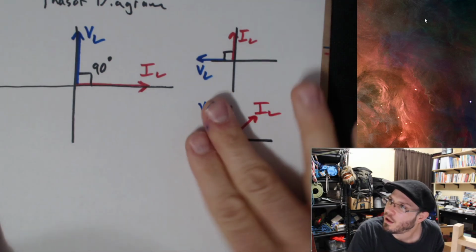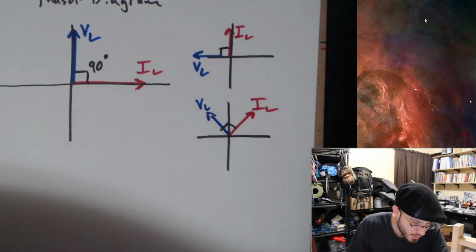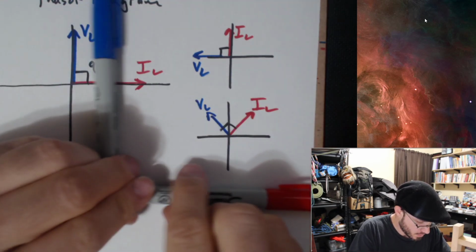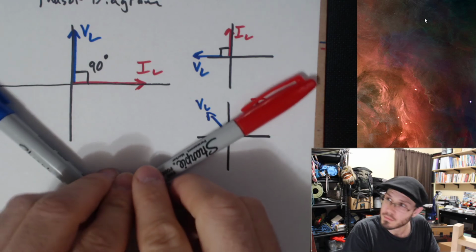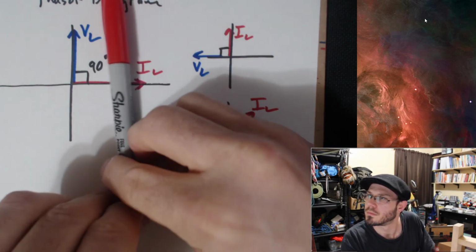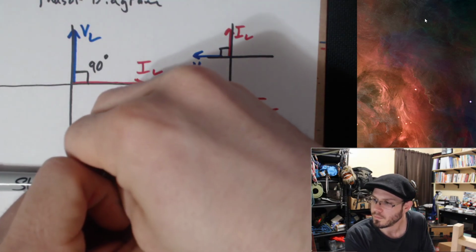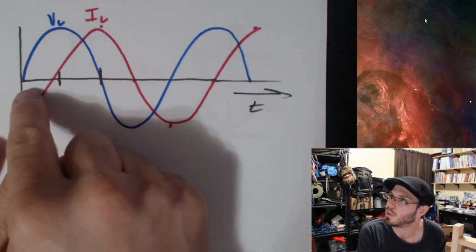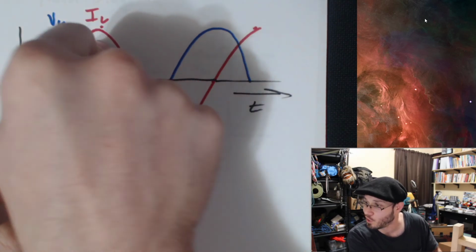And so you can allow these two to rotate and it tells us the entire story of that phase relationship between the voltage and the current.